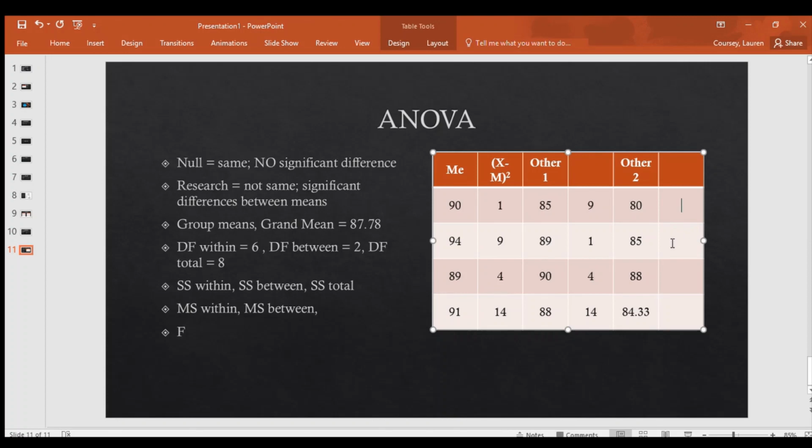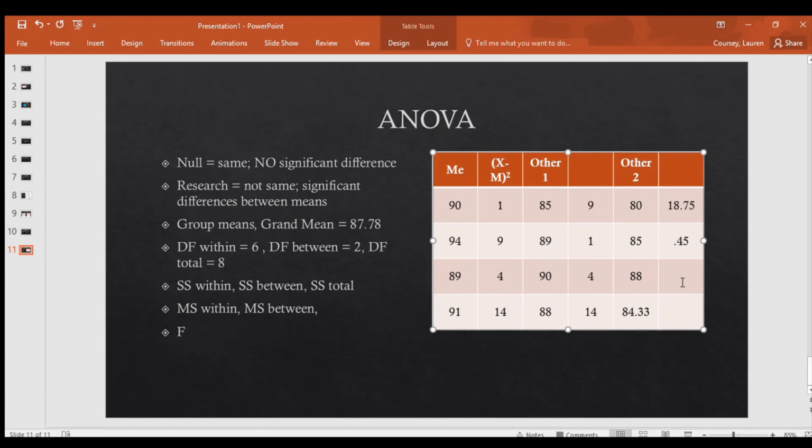This one will have some decimal values, but we'll take 80 minus a group mean of 84.33, square that to give us 18.75. 85 minus 84.33, square that to give us 0.45.